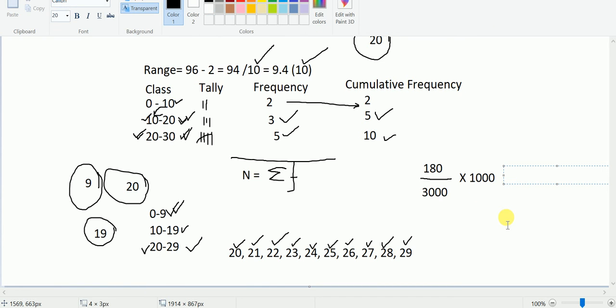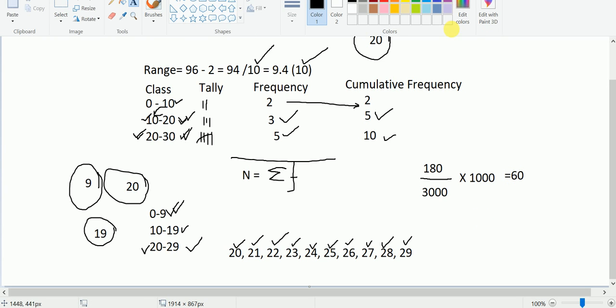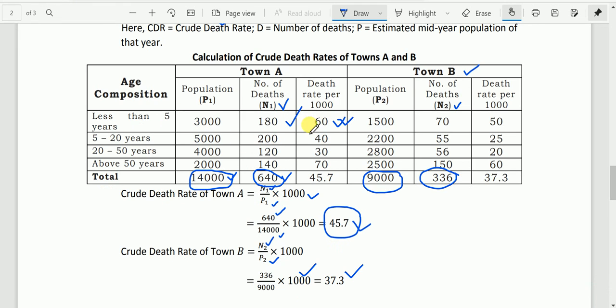That means here the death rate is 60. Okay, alternately you can multiply 180 by 1000 and divide by 3000, and you will get this 60. Okay, as the death rate here for the age group less than 5 years. Likewise for town A also we have 50 and so on.